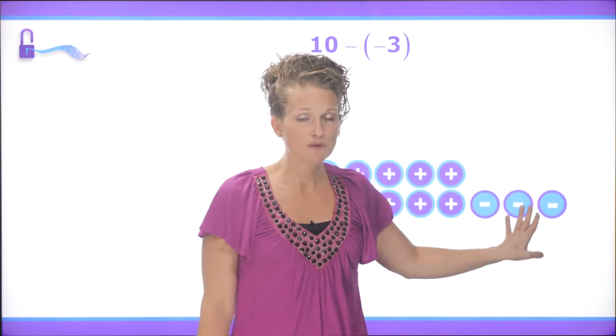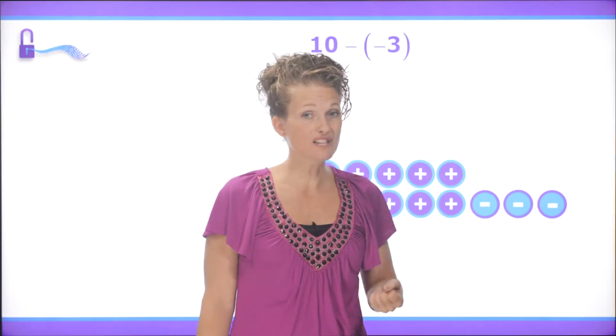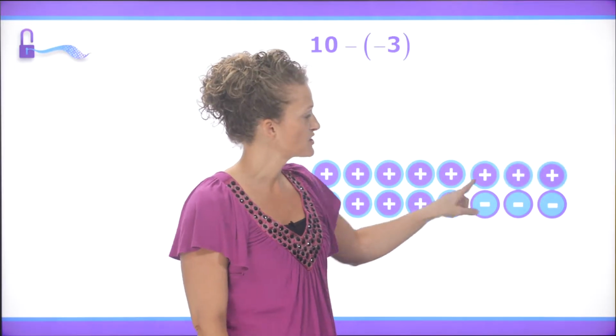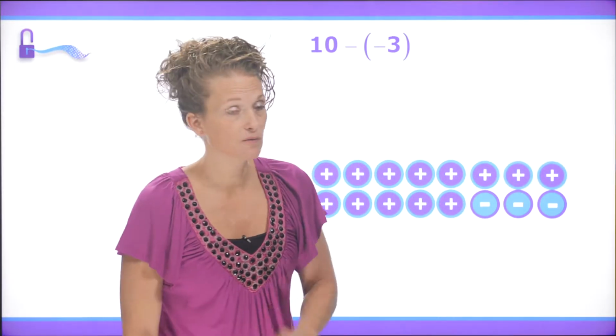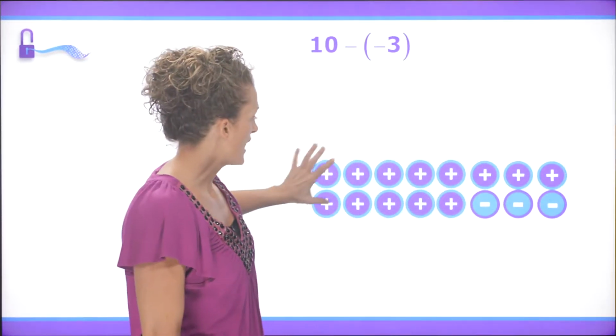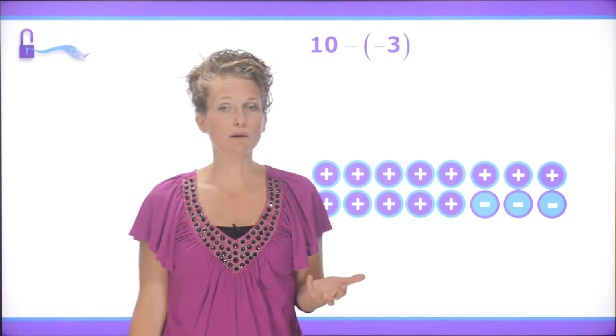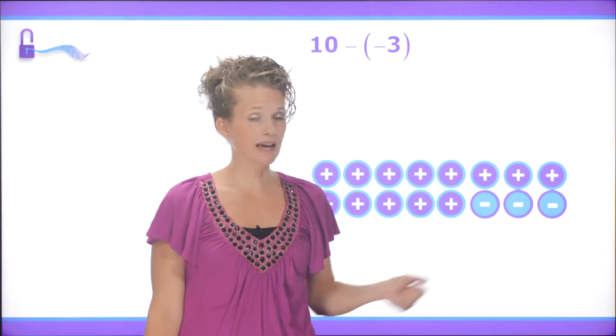But if we simply add these negative 1s, then we've changed the value of our question, and we can't do that. So we're actually going to have to add 3 positive 1s as well, because this is equal to 0, this is equal to 0, and this is equal to 0. So we have not changed the value of our 10, but now we're able to subtract negative 3.